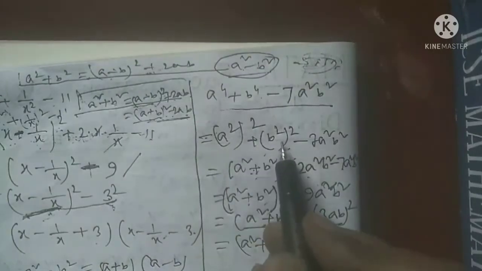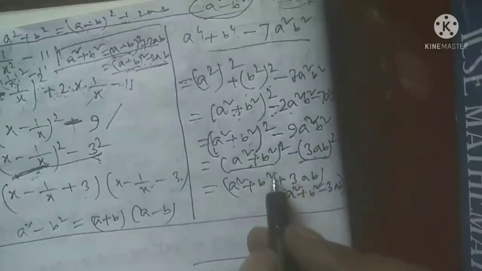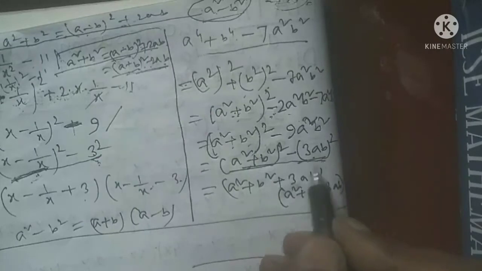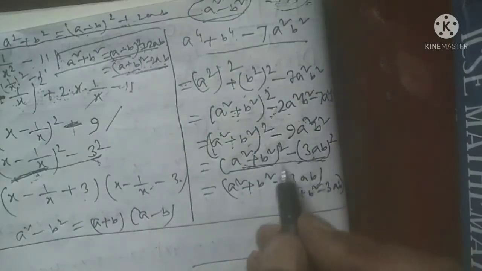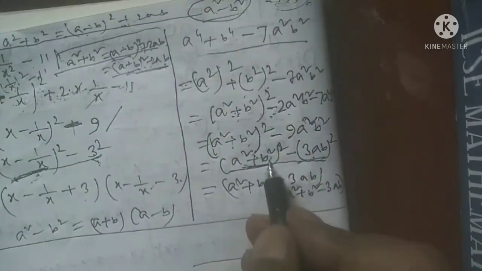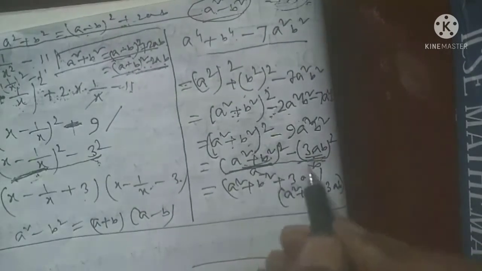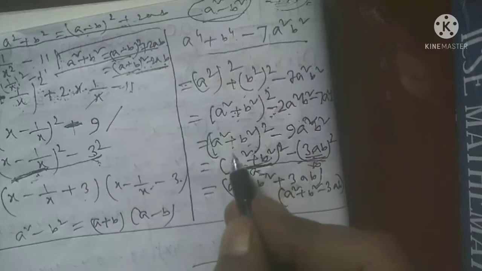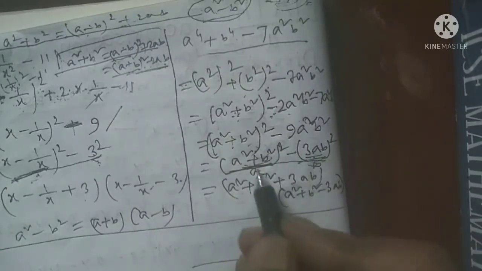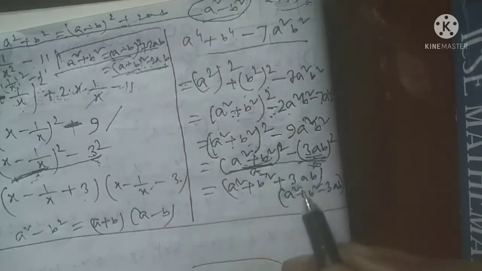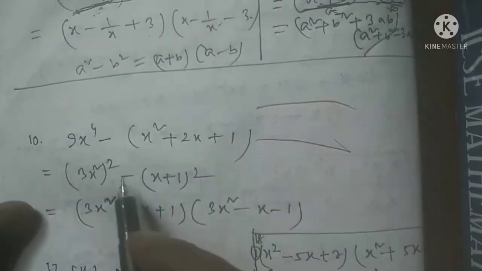First of all, you have to apply the a square plus b square formula, and after that you have to apply a square minus b square. Both terms are a and b: a plus b, a minus b. So a square plus b square plus 3ab, and a square plus b square minus 3ab. Answer done. Very easy question.